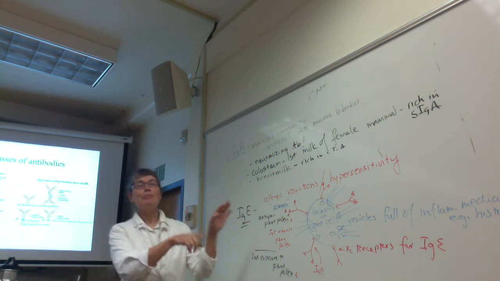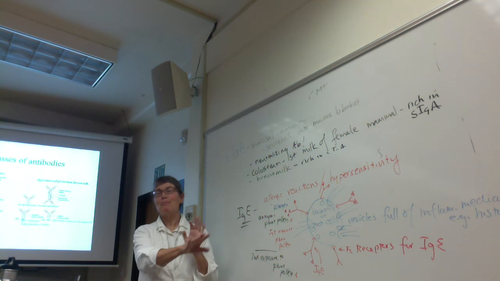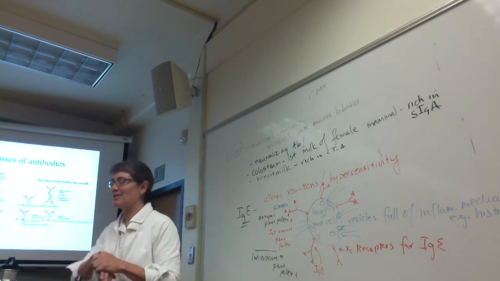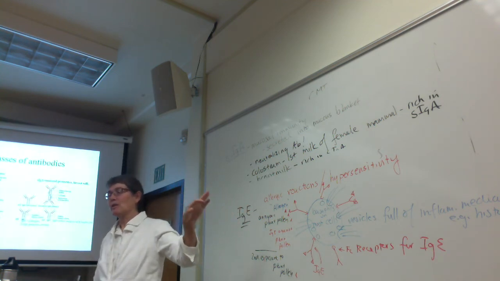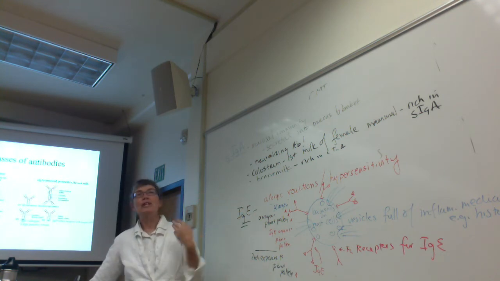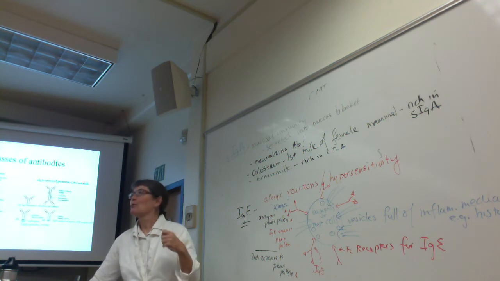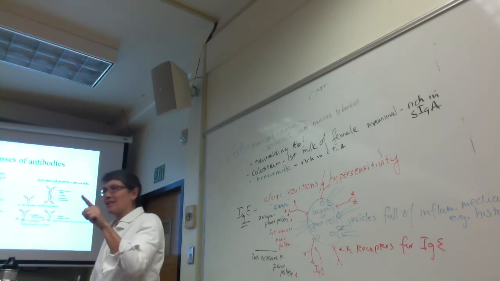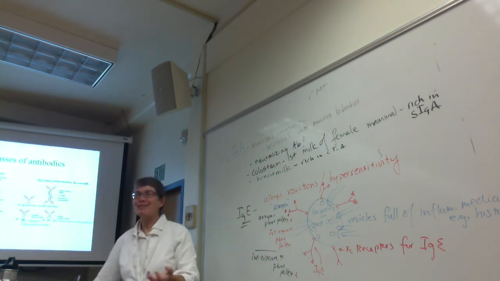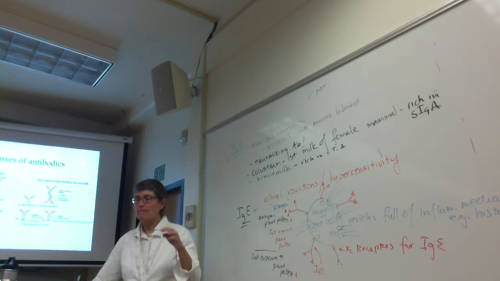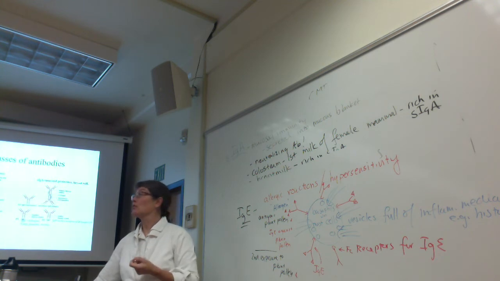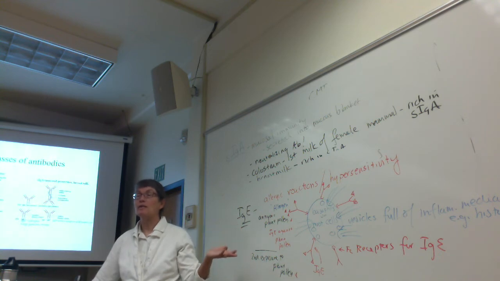And so what some people are experimenting with, and you guys do not buy things over the internet, touch base with a medical center, is seeing what if we reintroduce those helminth antigens, right? So don't buy them on the internet, you guys. People are selling worms on the internet. Don't buy those, right? If you're interested in this process, what they're exploring is whether by introducing the parasitic worm antigens back into a person, you can control some of these inappropriate immune responses, some of the autoimmune responses, some of the hypersensitivity reactions.